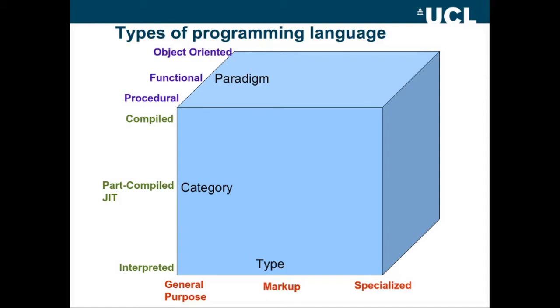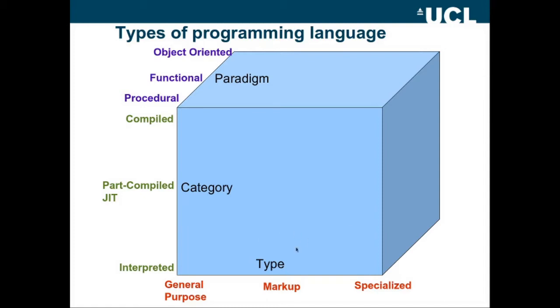And JIT means just-in-time compiler. That means that it will compile the program as it reads it in and run it somewhat faster as a result. And that also applies to Python and also to languages like Perl.